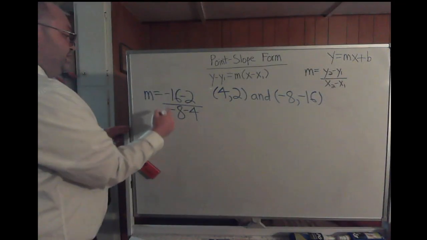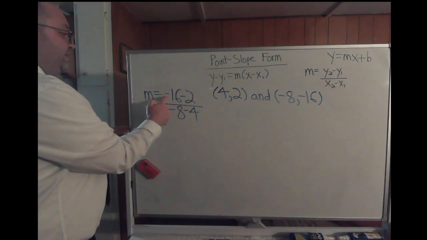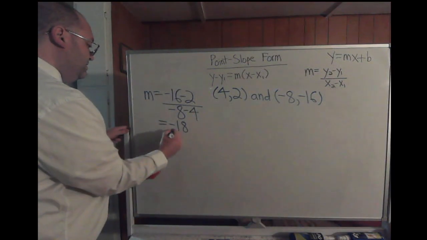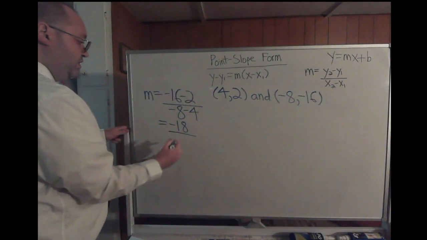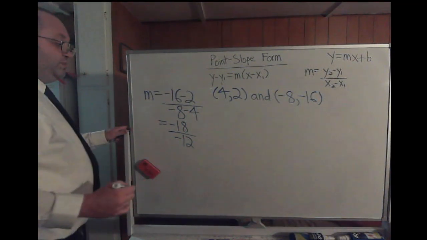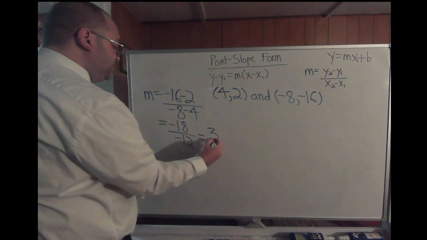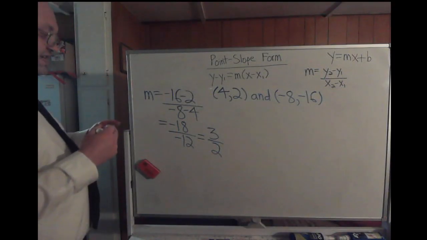Well, in the numerator you have negative 16 minus 2, that's negative 18, over negative 8 minus 4, well that's negative 12, which we can simplify down to 3 halves, because they both have a common factor of 6 and the negatives cancel out.